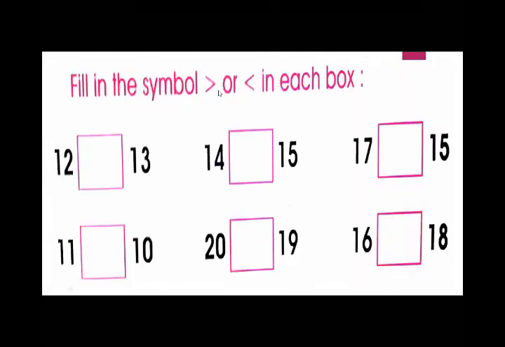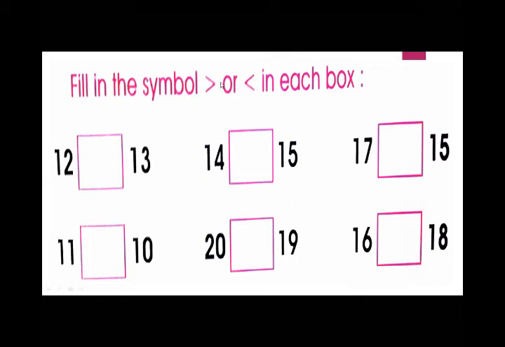Fill the symbols. In the previous class, I told you about the sign of less than and greater than. So what is the sign of this one? If the open side is first and the closed one is second, it is greater than. And this one is less than.